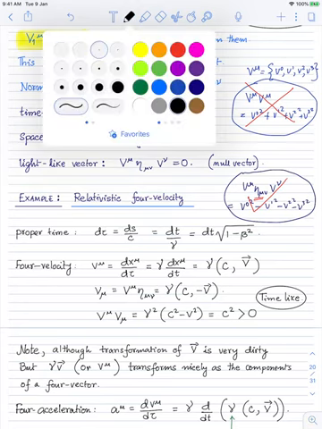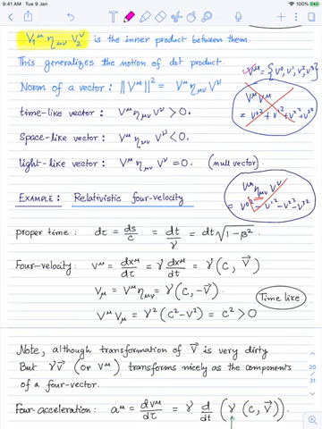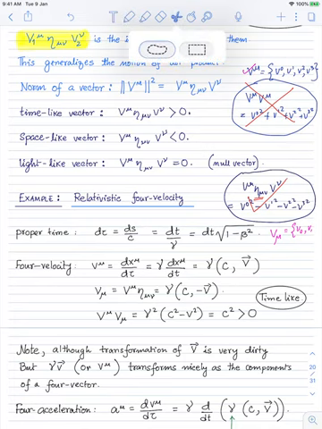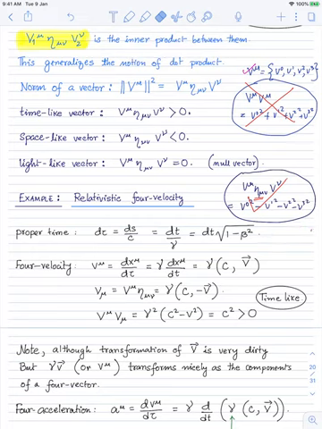and then my v mu lower is basically, if I denote it as V naught, V1, V2, V3, then I can write down V mu, which is the same thing as this, because I can use the eta to get these components.